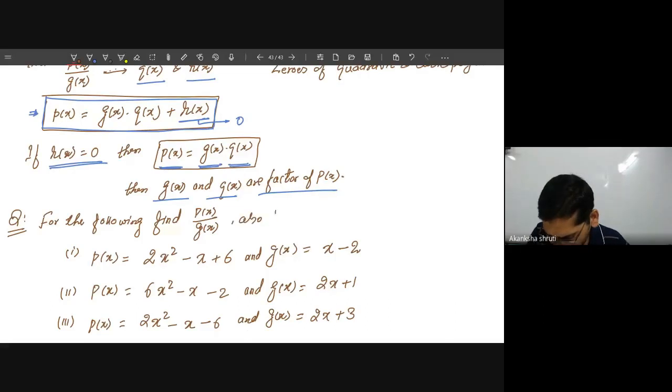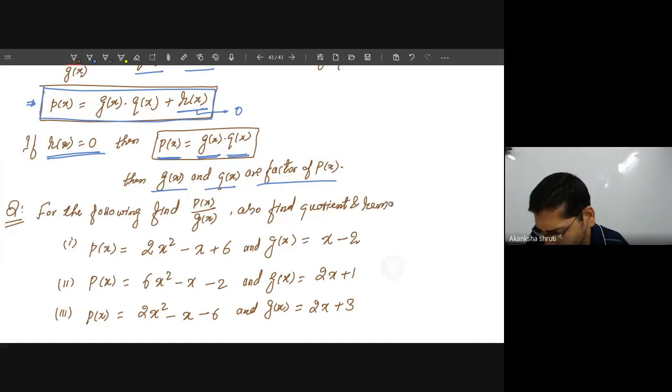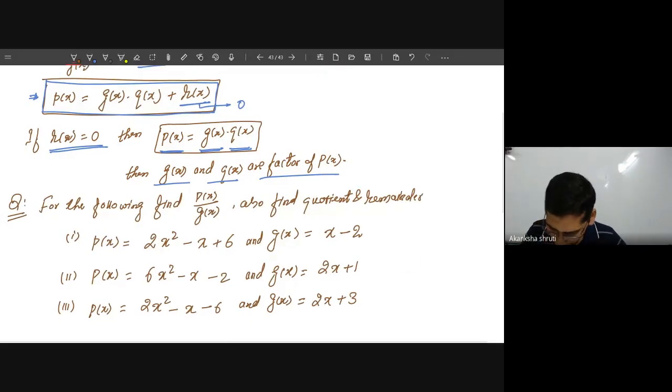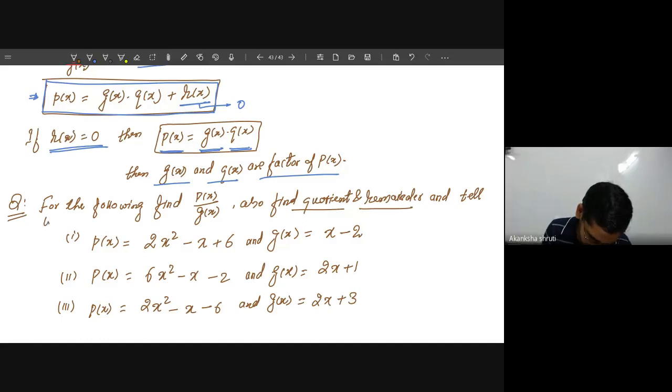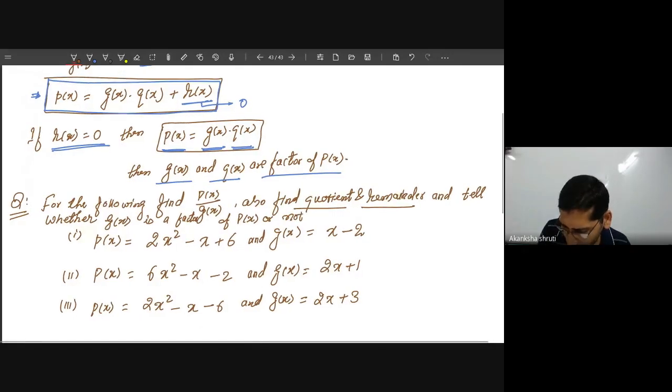Also find quotient and remainder, and in this way you have to conclude, or you have to tell, whether gx is a factor of px or not. This we have to do.